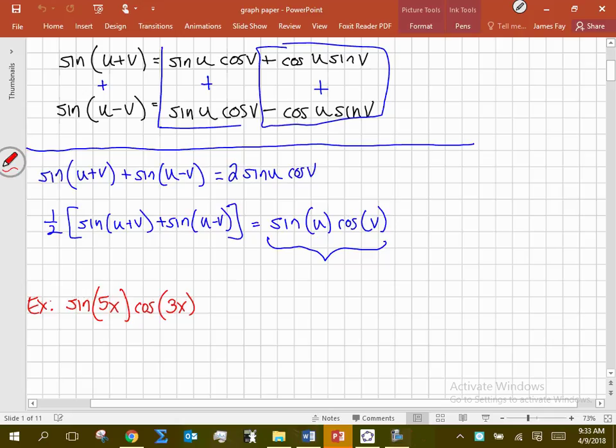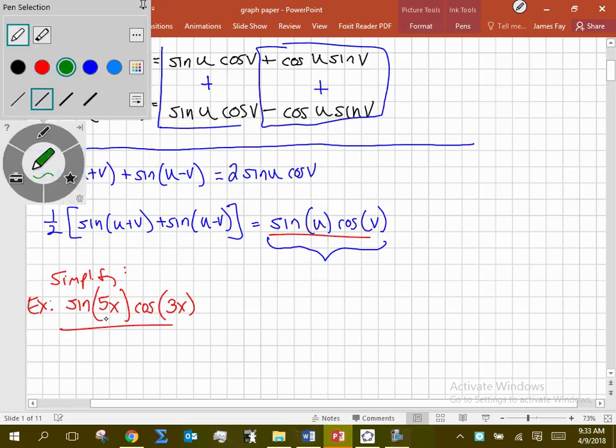Okay? So it just says maybe evaluate or simplify, something like that. Should say simplify for now. And I recognize that pattern right there is that pattern there, where u is 5x, there's my u, and 3x is my v, right?